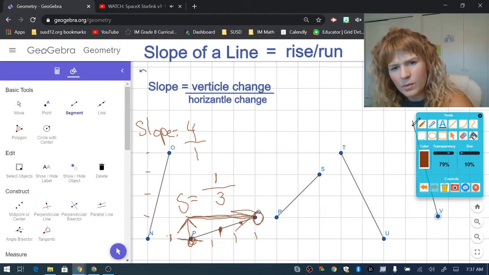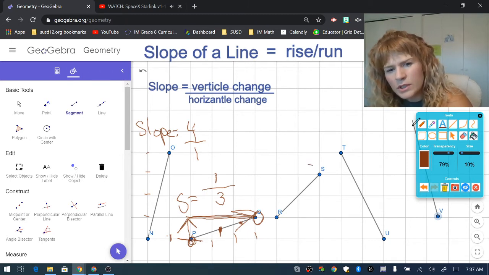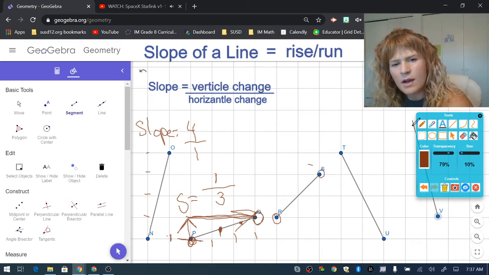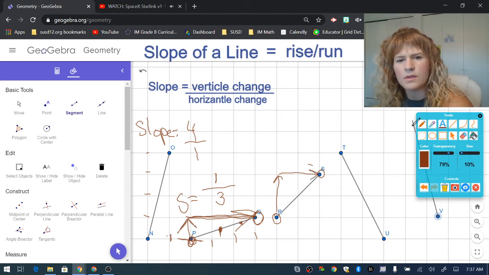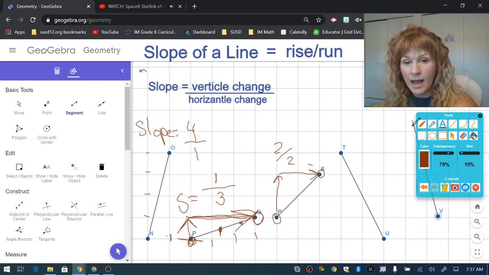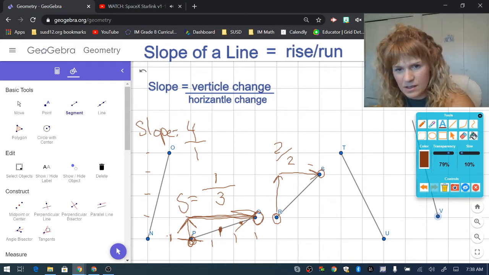Okay, try this one. What is the slope of this line here? You could look at it from this point R to this point S and count the rise as 2 units up and the run as 2 units over. You get 2 over 2 for the slope, and that is correct. But it's easier just to look at the nearest point where it crosses the grid axis.